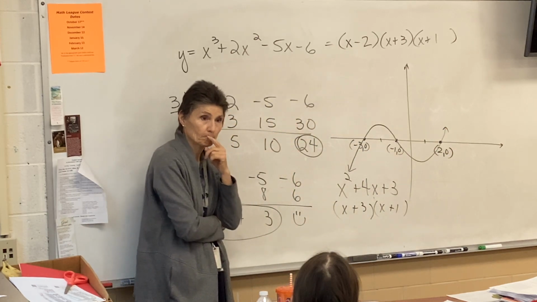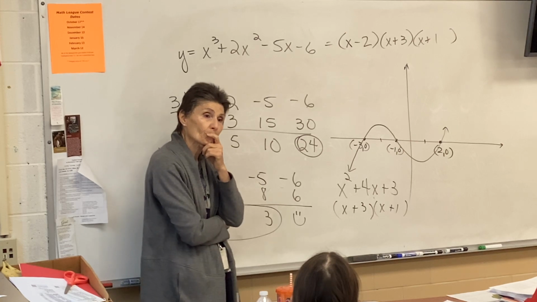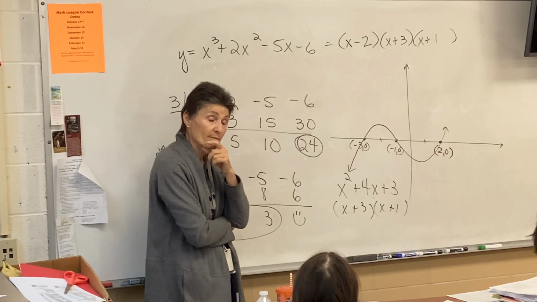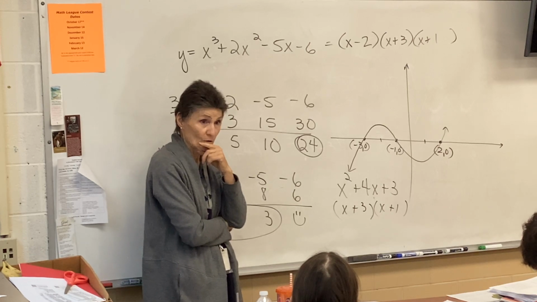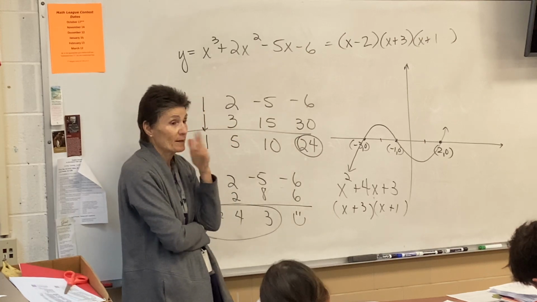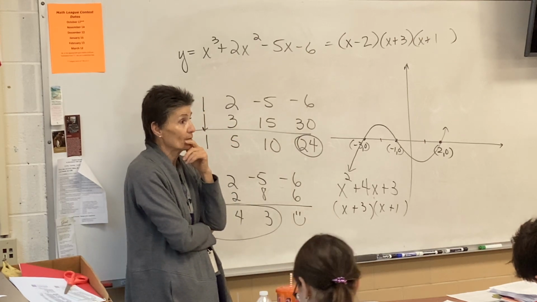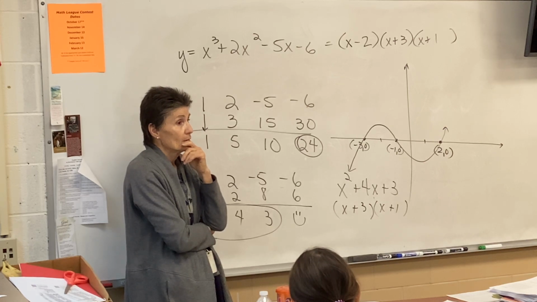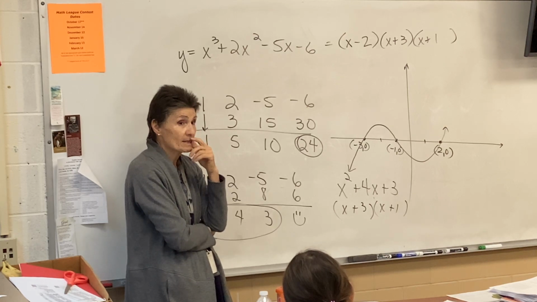Can I just ask really fast, I know you guys already went over this, but how do you know if it starts down or up? The arrows, okay, we memorized that in end behavior. So odd powers start down here. That's x cubed, x5, x7, all those start down there. Okay, now, we did it. Awesome.